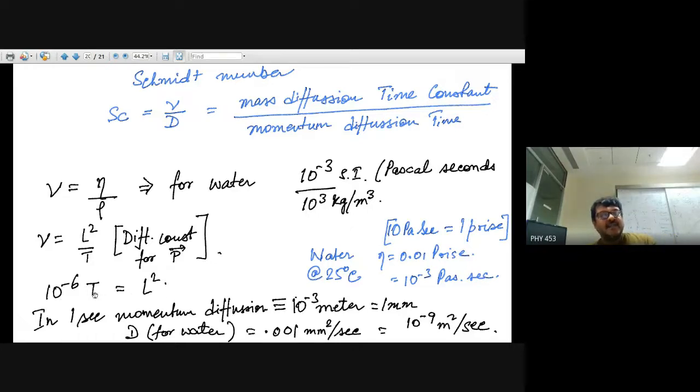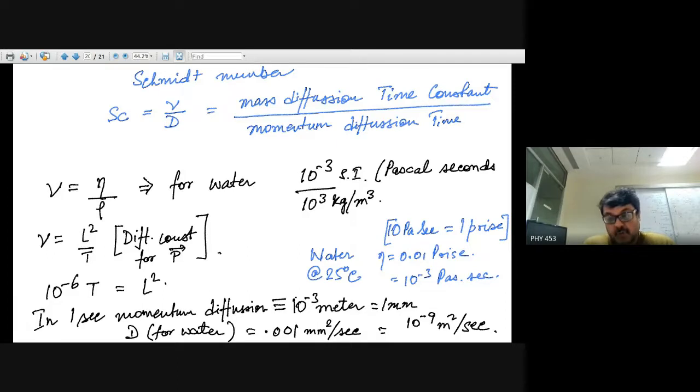Then in 1 second, the length scale over which you will have momentum diffusion is the square root of this, which is 10 to the minus 3 meters. 10 to the minus 3 meters is essentially 1 millimeter, right? It's just 1 millimeter. So in 1 second, for water, the length scale over which momentum will diffuse is of the order of 1 millimeter.